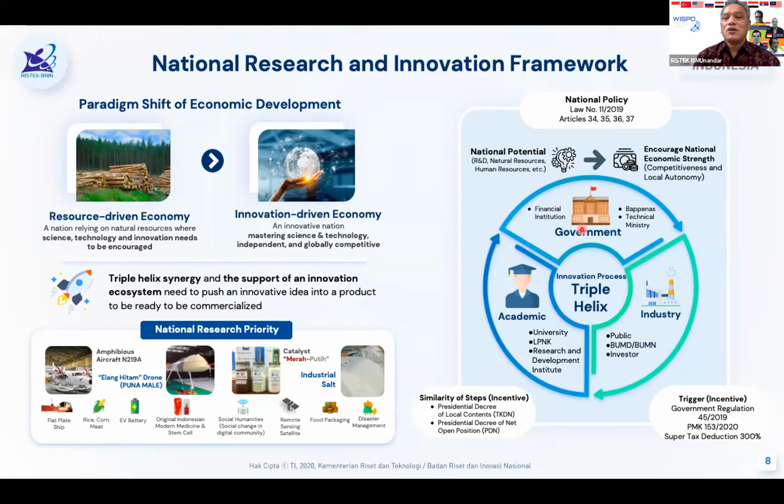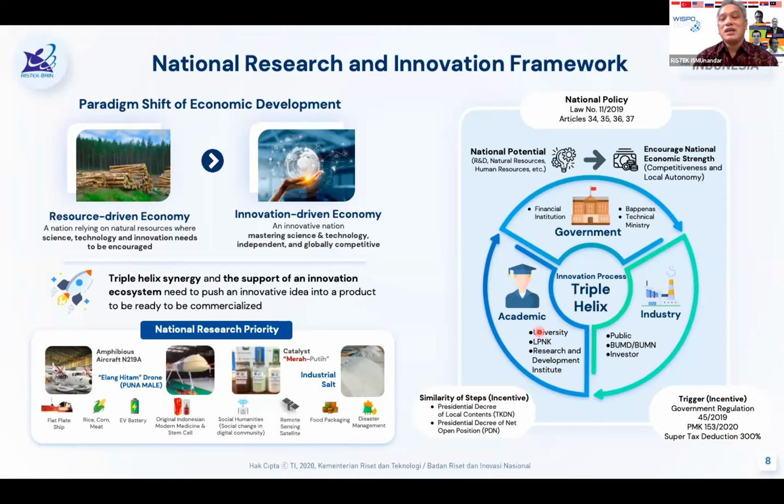The industry makes the innovation from the academics and researchers to be mass produced to fill the needs of customers.